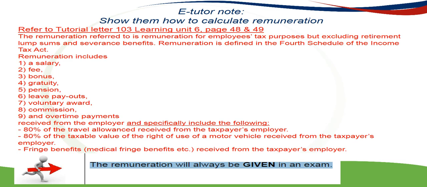Remuneration includes salary, fees, bonuses, gratuity, pension, leave payouts, voluntary awards, commission and overtime payments. Also specifically included in remuneration is 80% of the travel allowance received from the taxpayer's employer, as well as 80% of the taxable value of the right of use of a company motor vehicle, and all the fringe benefits received from the taxpayer's employer.